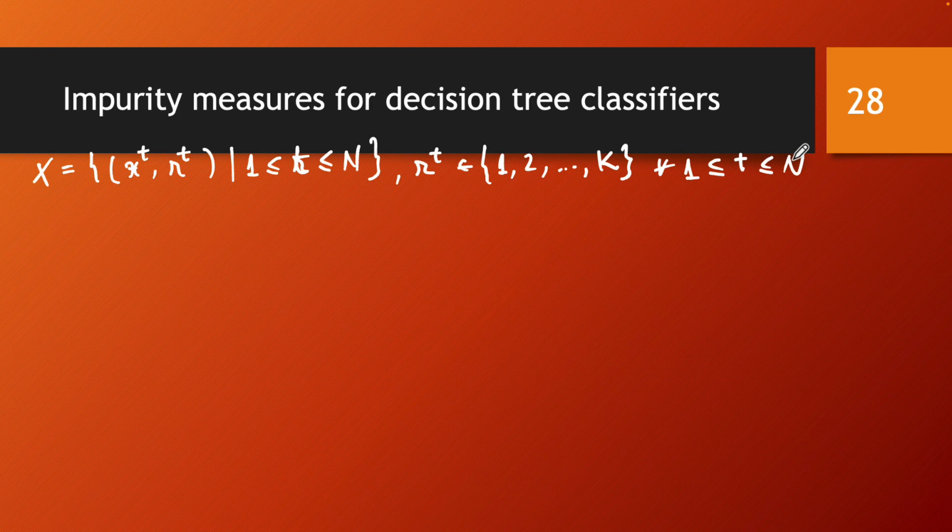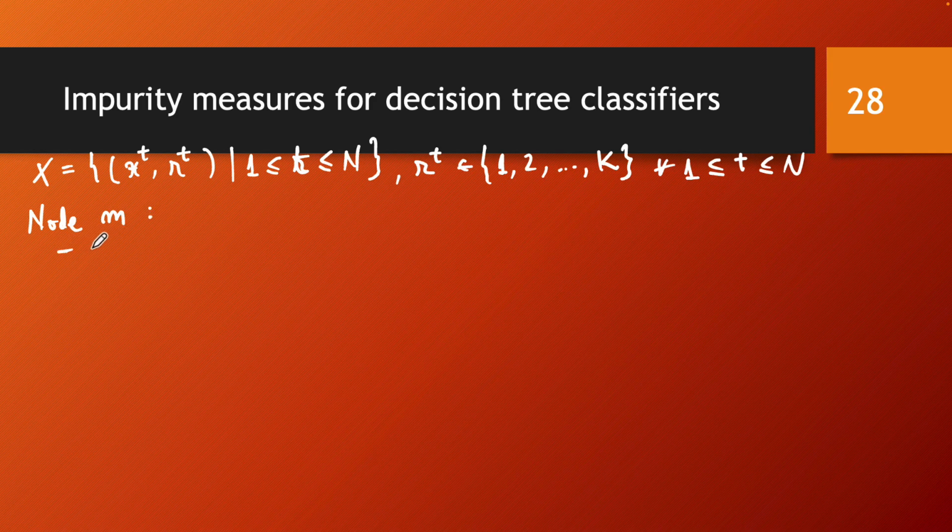When you are considering a decision in node M, let's say, for your decision tree, you are starting with node 0 in the root, but eventually you are going to be in node M. So for node M, I'm going to make a few notations here.